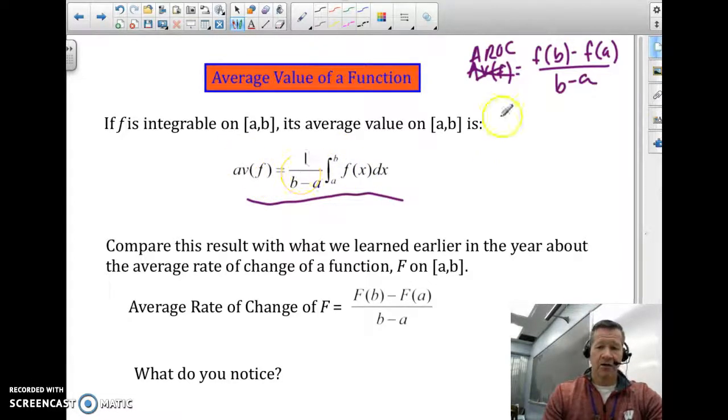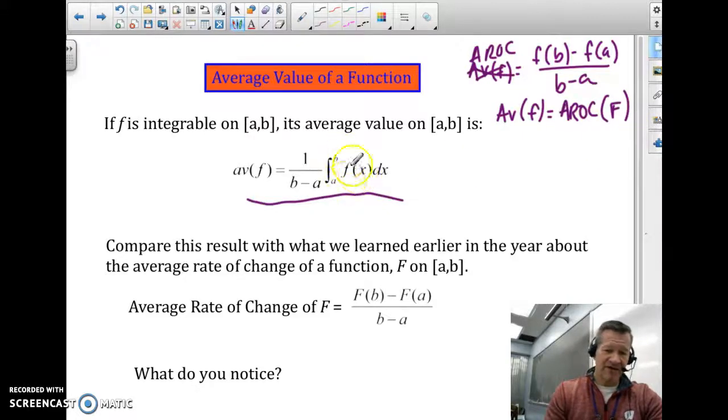If I wanted to find the average value of f, it's basically the average rate of change of its antiderivative, which I'll call big F. How am I going to find the value of this integral?